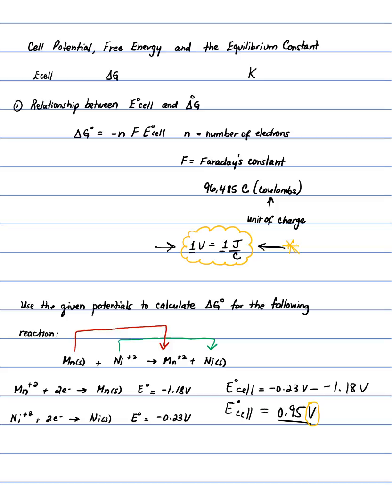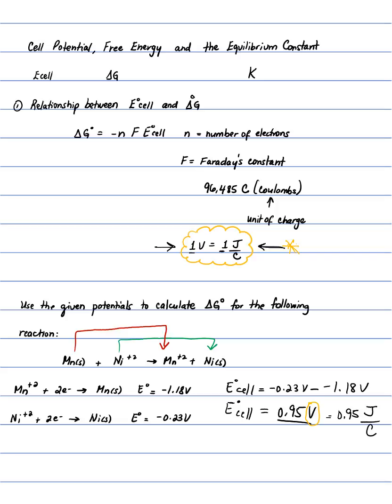If you have 0.95 volts and 1 volt is the same as 1 joule per coulomb, you can replace that unit of volt for joules per coulomb, and you will see why you have to do that.